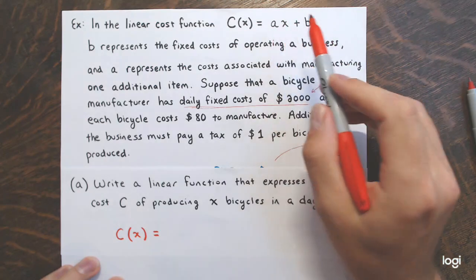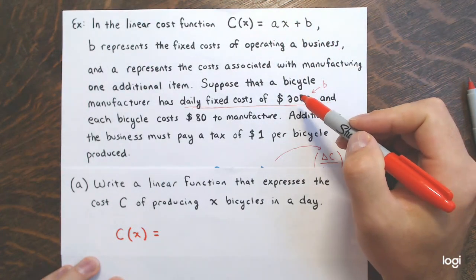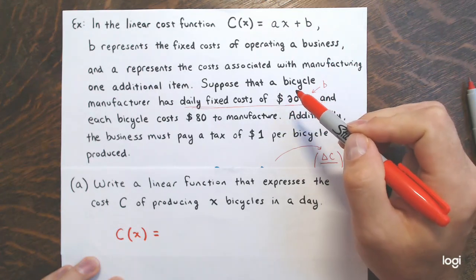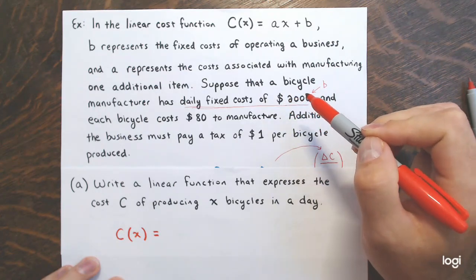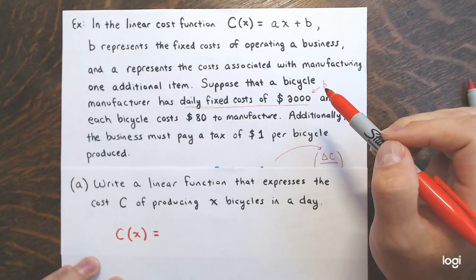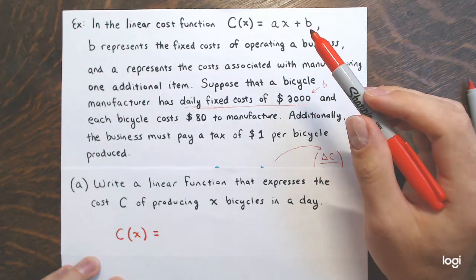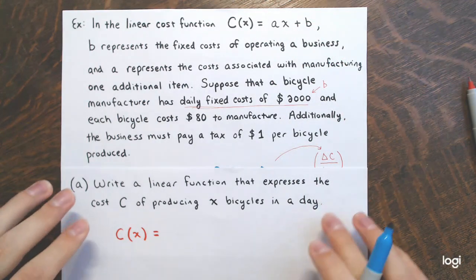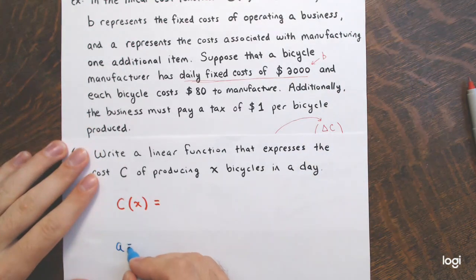Now, I told you the value of this lowercase b, right? The fixed costs, it's costing them $2,000 even if they don't produce anything. That's just for equipment or property value, renting out a building, whatever. It costs them $2,000 for the day anyway. That's the b. A, the lowercase a here, as I mentioned, was the slope.